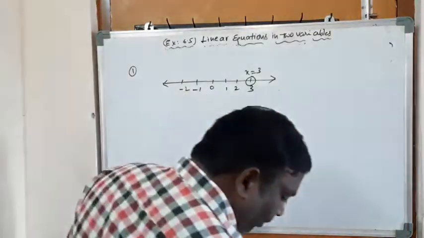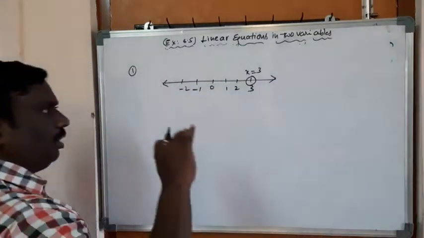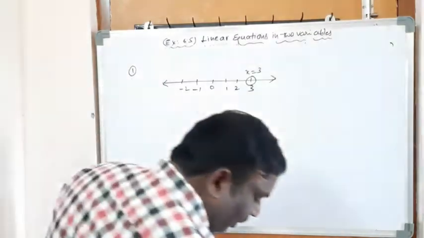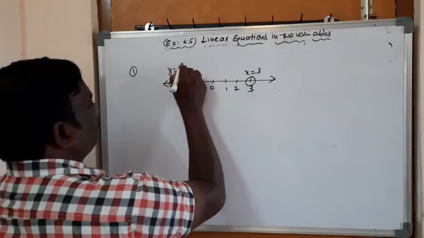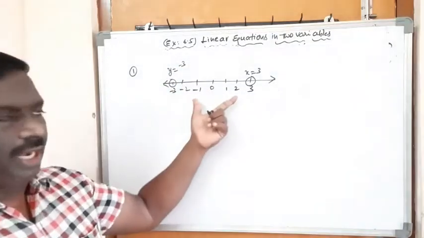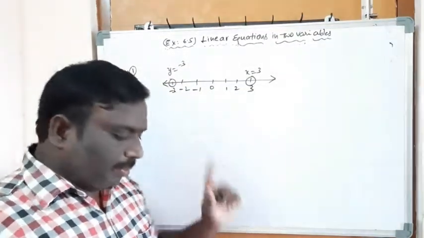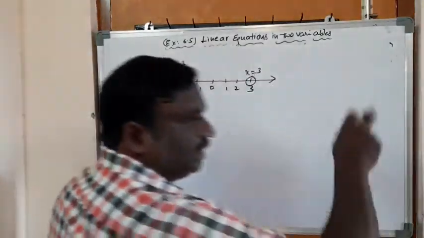And for the Cartesian plane, you have to draw all the questions on it. The second one is y equal to minus 3, which you can show on the number line too. Coming to the Cartesian plane, it is nothing but a graph.